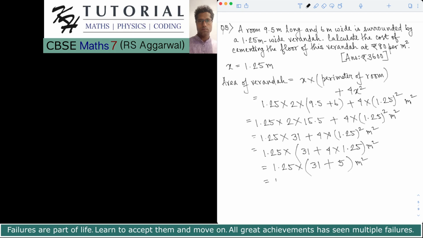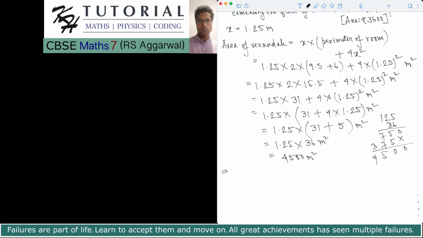So this is equal to 1.25 multiplied by 36 meter square, and this is equal to 125 multiplied by 36, which is 4500. So 4500 meter square is the area of the veranda.